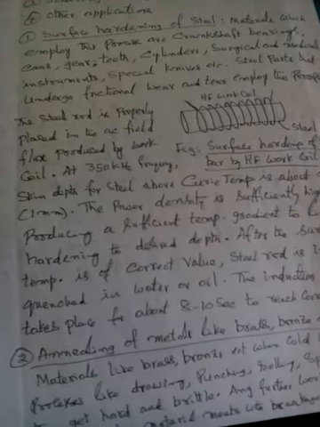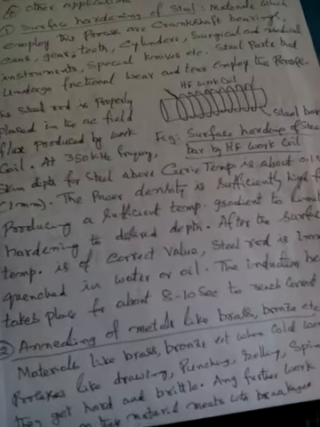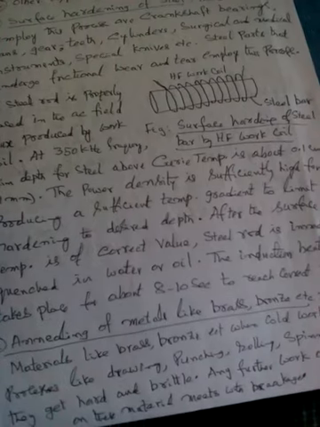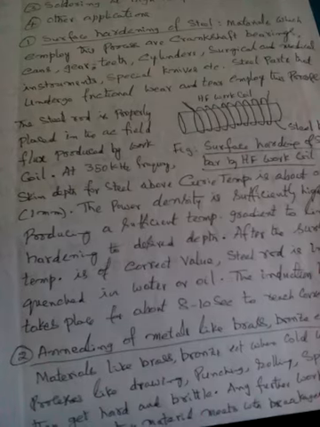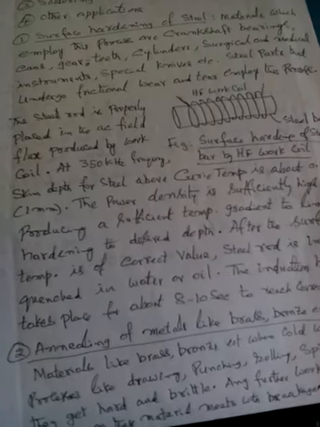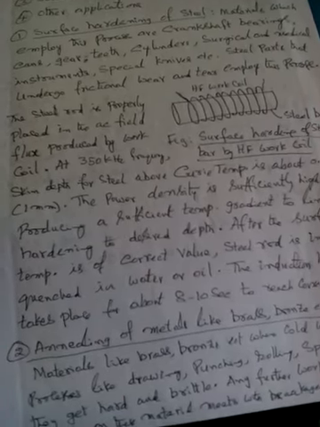The steel rod, as shown in the figure, that is, figure is surface hardening of steel bar by high frequency work coil. The steel rod is properly placed in the AC field flux, that is magnetic flux produced by work coil.